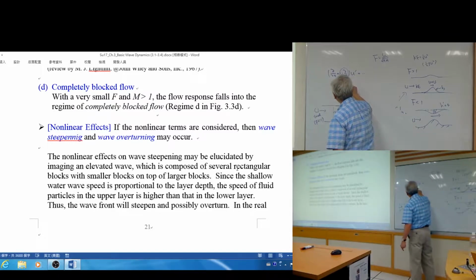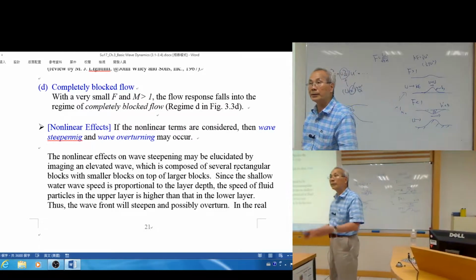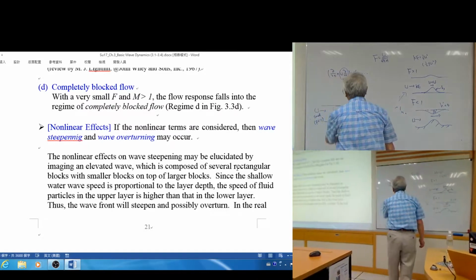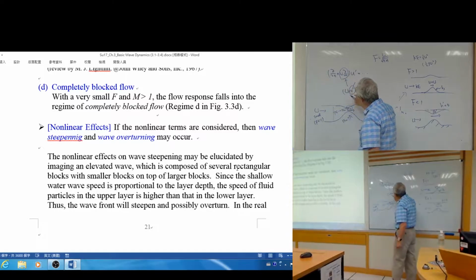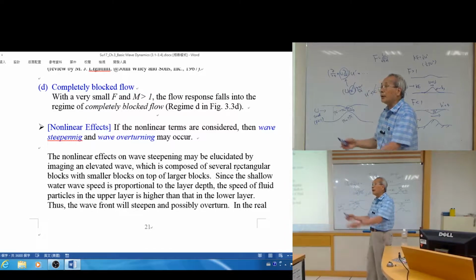This one is simplified from (capital U plus u prime) partial u prime partial x, and this one we ignore. That's called the linearized equation or linear solution. We ignore it if u prime is much less than U. If this is not true, then you have to include that term.